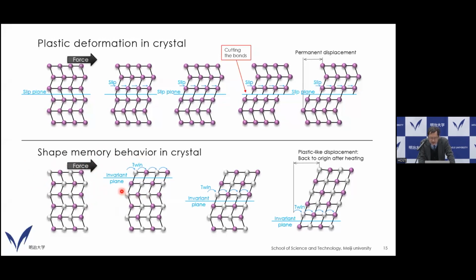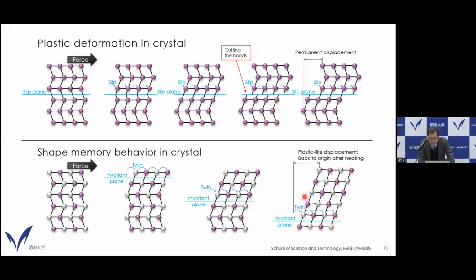Instead of this, the slip plane shifts from here to here. And the atoms on the plane move in the same direction, like this. We call this type of movement twinning, and this plane is the invariant plane.